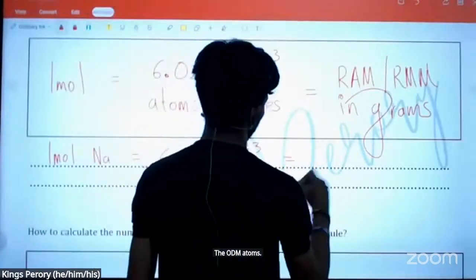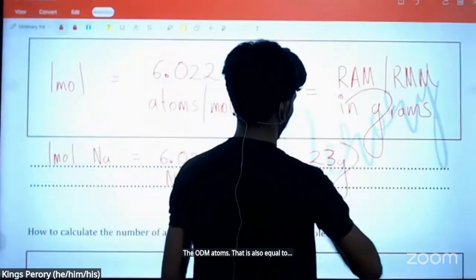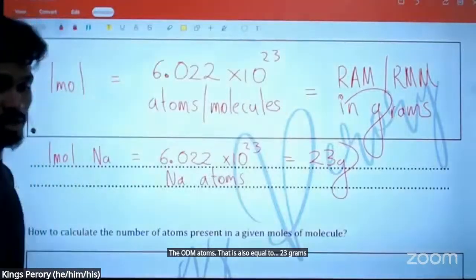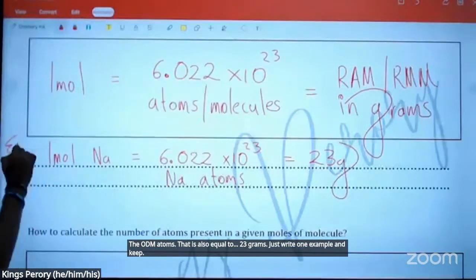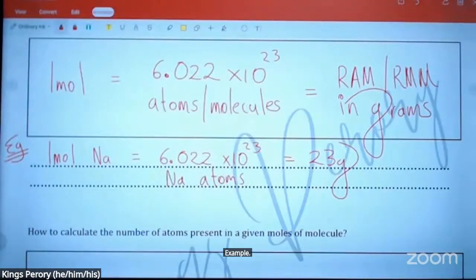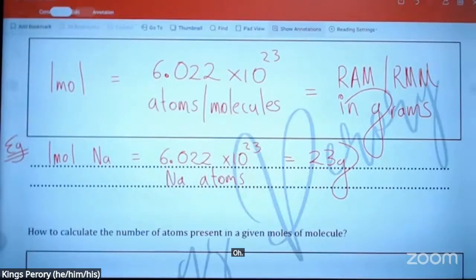That is also equal to 23 grams. Just write one example and keep.